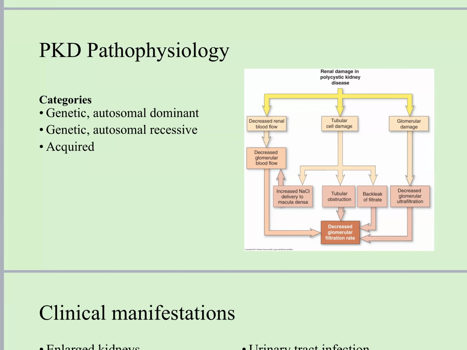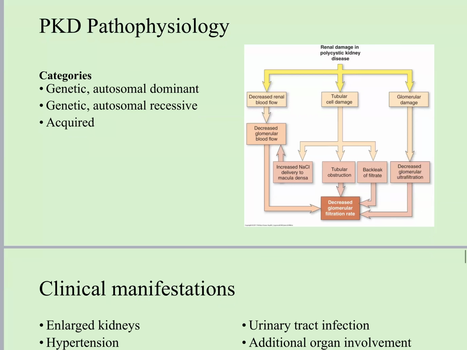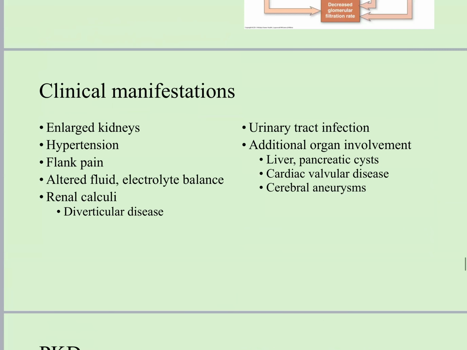Progressive cyst development and renal failure generally can follow people into adulthood. With the autosomal recessive, this occurs when there are two defective genes, so when each parent has the gene for this illness. And this can be fatal in early life.